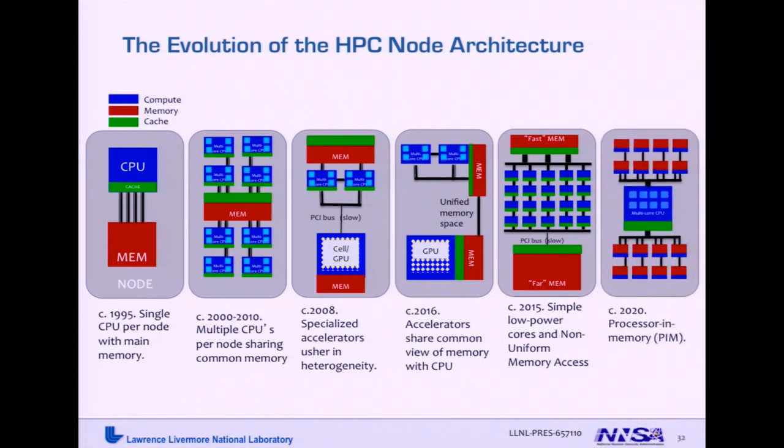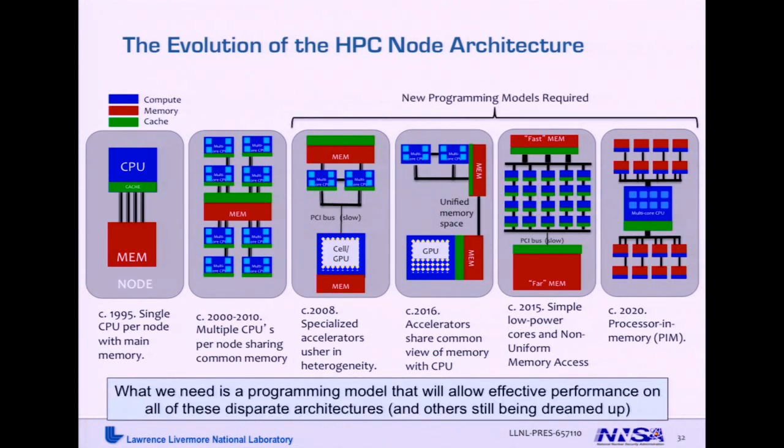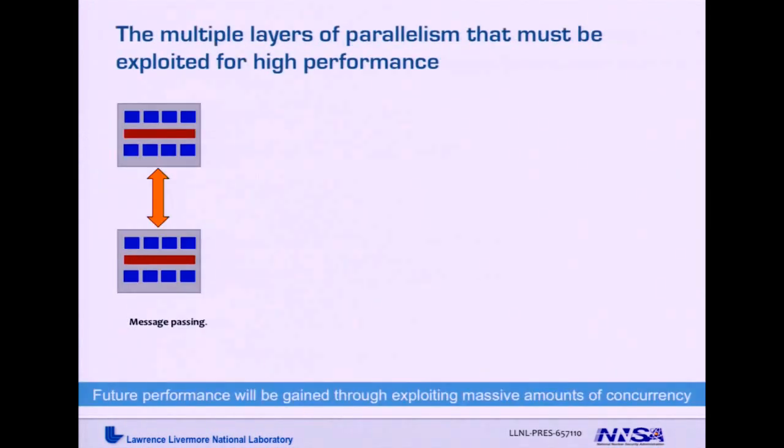And then finally, this idea of processing in memory, where I may have a CPU that has some small amount of computation available out there in memory space. The thing we're struggling with is that we need a programming model that lets us attack all of these things, so that we don't have to have different versions of our source code for all these different architectures.